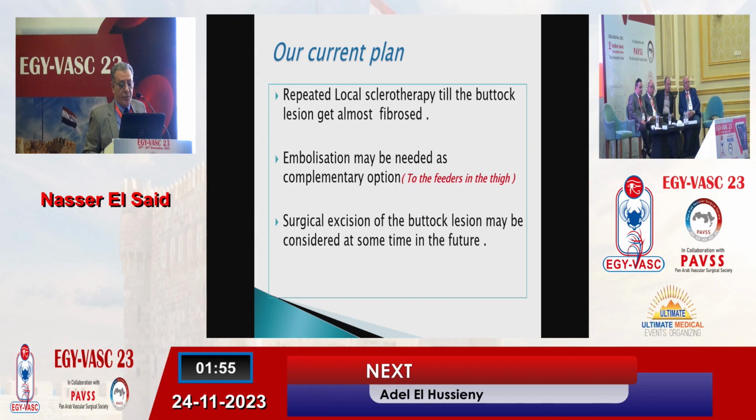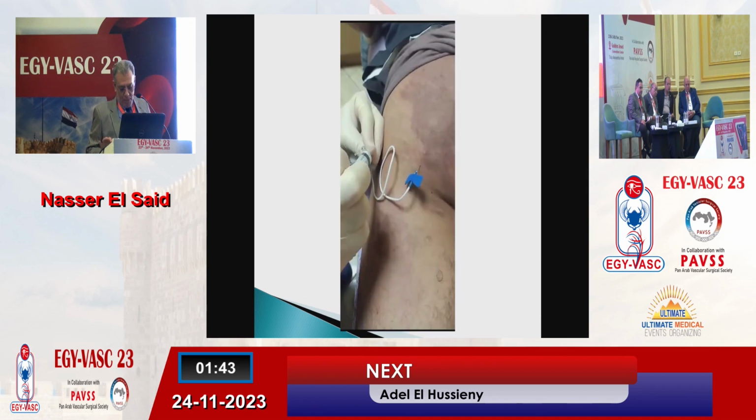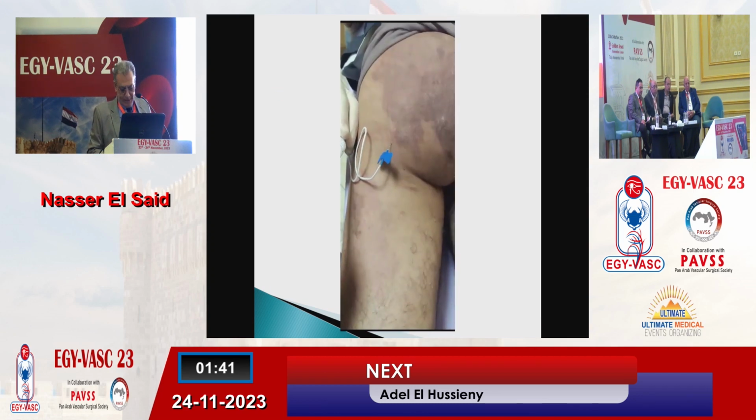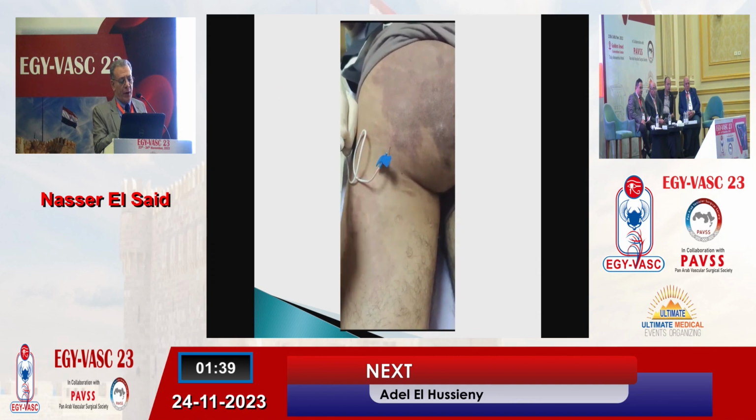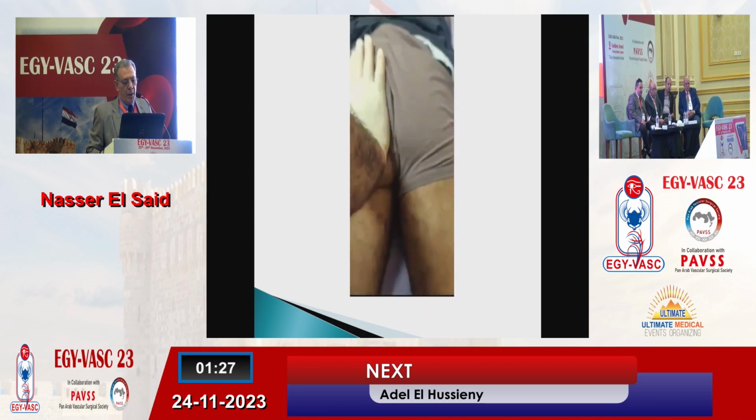We start with polidocanol because it is easy to do and repeat without anesthesia. And as you see, the butterfly needle I inserted away from the lesion, just to avoid any bleeding from this malformation anymore.